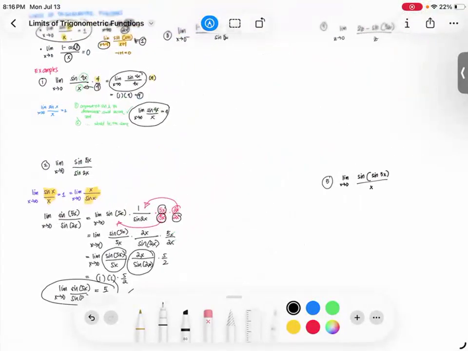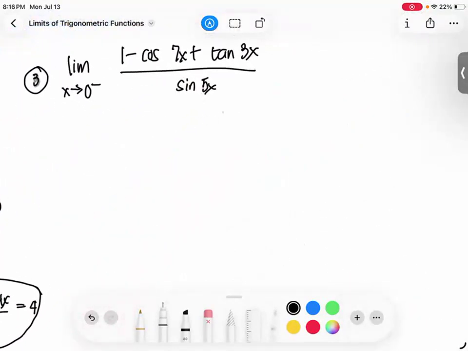Now, this is a one-sided limit. So how should we do this? We have to analyze the situation first. So we have here the limit of 1 minus cosine of 7x plus tangent of 3x over sine of 5x as x approaches 0 from the left. Now, we may separate this into 1 minus cosine of 7x over sine of 5x plus tangent of 3x over sine of 5x.